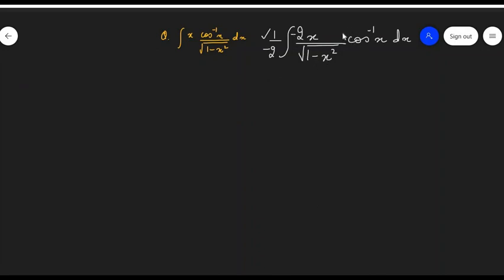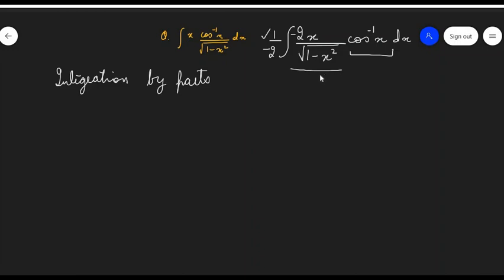And here also you see that we have two functions which are there in multiplication. One of them would be minus 2x upon square root of 1 minus x square, and the other one would be cos inverse x. And whenever we have two functions in multiplication, we integrate them by using integration by parts. As I have mentioned earlier, integration by parts depends on selecting the correct first function and second function.